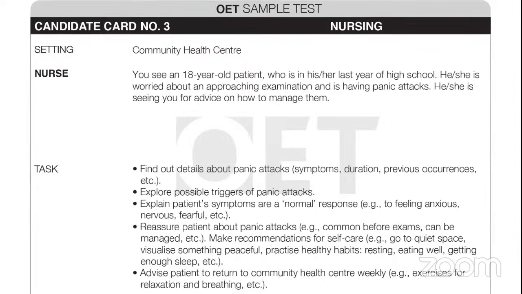There are 5 bullet points. You have to discuss these 5 points. This is relevant information.